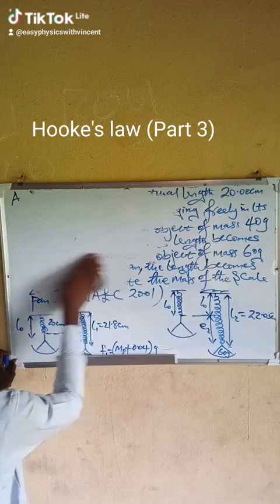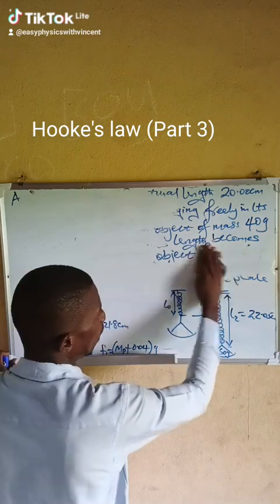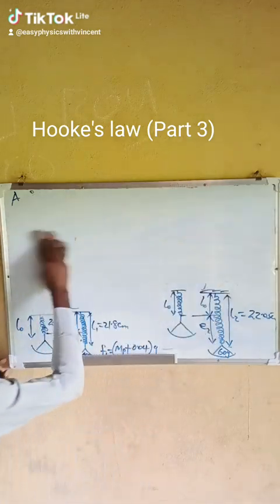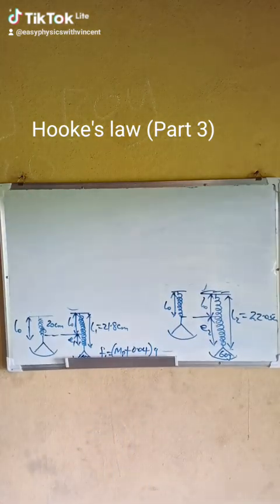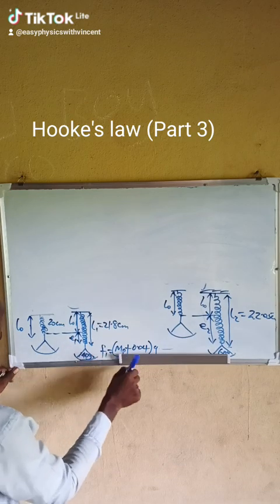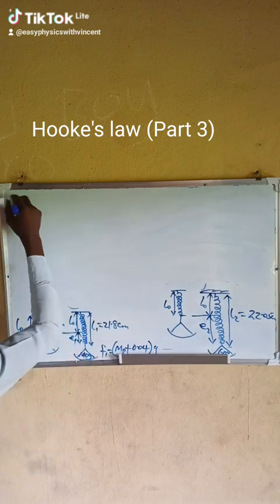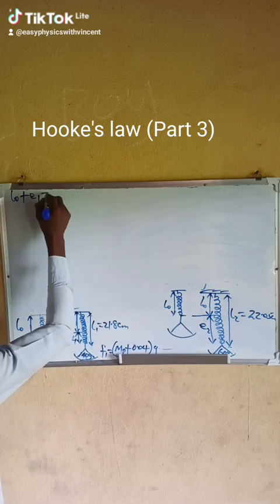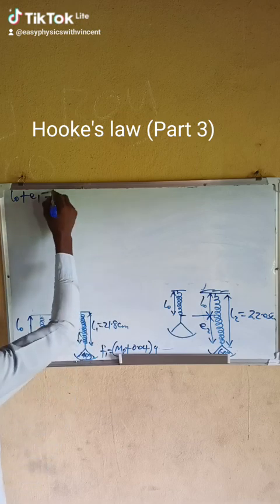Okay, now let's clean the board, because they say we should calculate the mass of the scale pan. We've gotten the diagram. From the diagram, we can now track other parameters. From here to here is L naught. L naught plus E1 equal to L1.